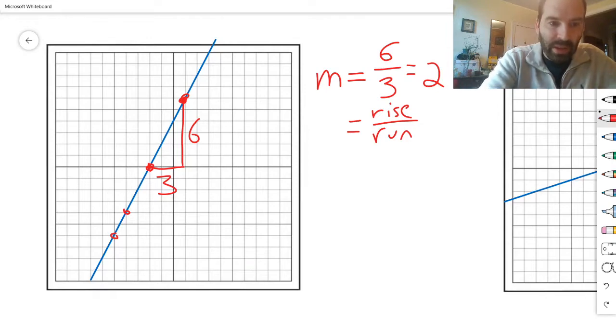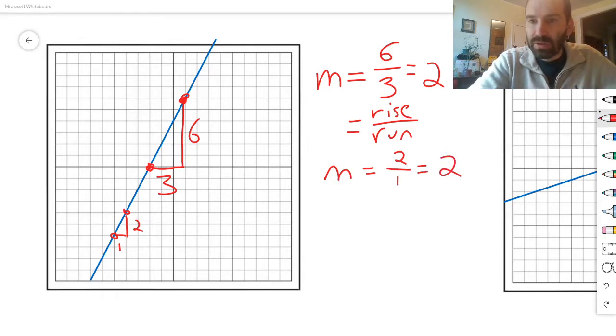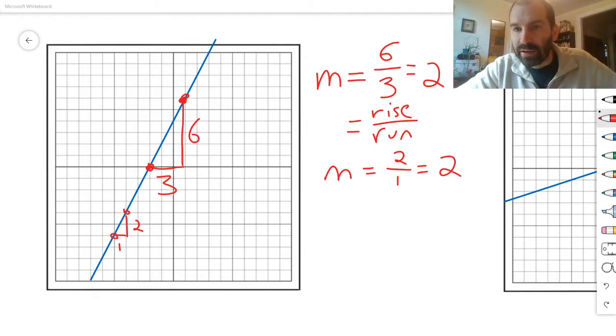The run is just 1 and the rise is 2, so the slope is 2 divided by 1, which is still 2. It's a constant for the whole line, and that's what makes it a good descriptor. It's characteristic to that line.